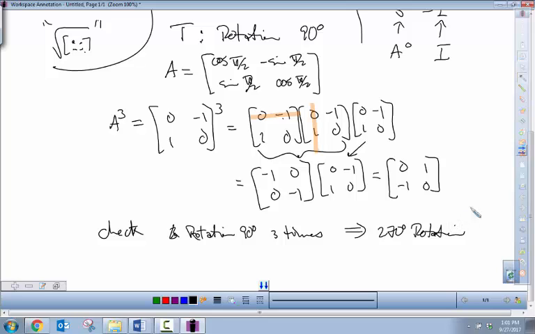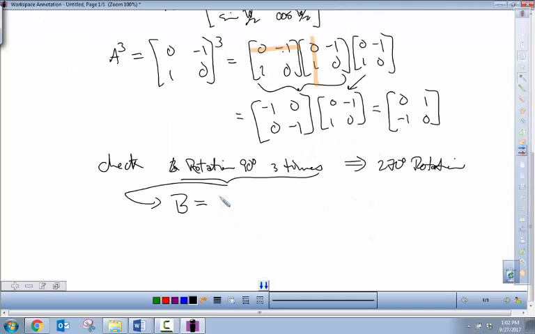And 270 is, what is that, 3 pi over 2? So we could say that this transformation, let's call this transformation B, this transformation where we do a rotation of 270 degrees is really equal to the cosine of 3 pi over 2, negative sine 3 pi over 2, positive sine 3 pi over 2, and cosine 3 pi over 2.